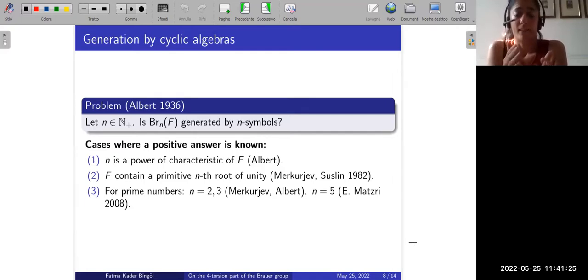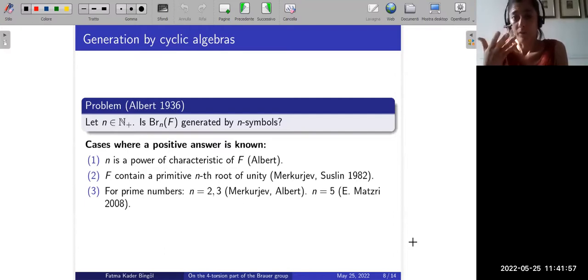Note that in the case where the characteristic is not 3, also when a third root of unity is not present, the answer is yes. And the case where n is equal to 5 was settled by Elie Masri. So also for n equal to 5, the problem has a positive answer. So it seems that the smallest integer where the problem is still open is n equal to 4.